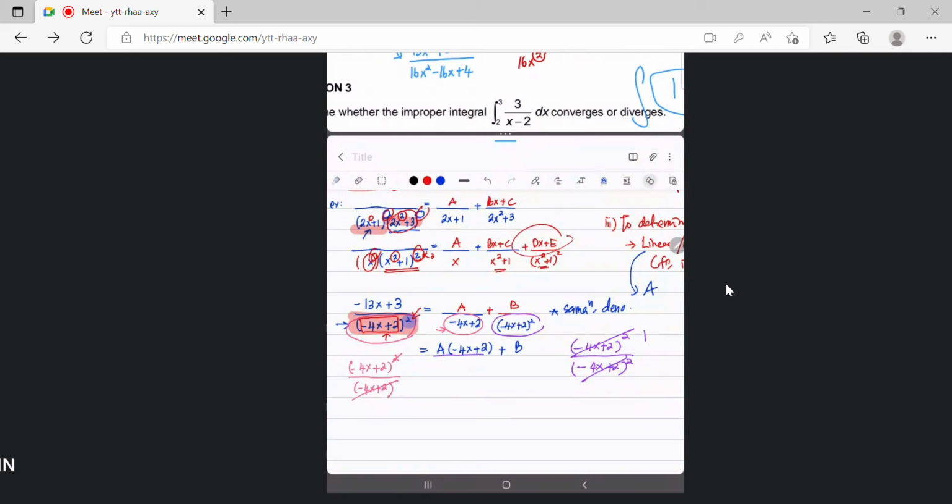Okay, so everything, divide with, kita ambil balik kita punya original denominator, which is negative 4x plus 2 squared. Ini adalah cara paling selamat untuk kita nak samakan denominator. So, maksudnya kalau lepas ni ada soalan PFD, kalau kita tengok soalan pas semester pun, PFD confirm keluar.